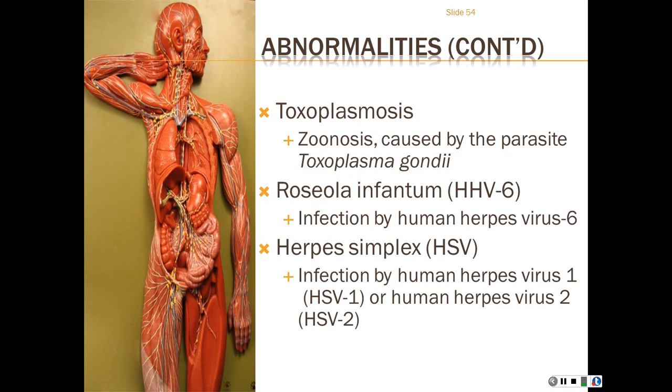Toxoplasmosis is caused by a parasite, and it's a zoonotic disease, so you get it from animals. You can get HHV6, infected by the human herpes virus 6, and then you can get herpes simplex virus. Herpes simplex virus 1 is in the mouth, and 2 is in the genitals. How I remember it is you have one mouth, and then it takes 2 to get HSV2.